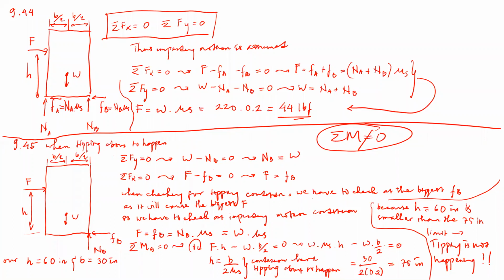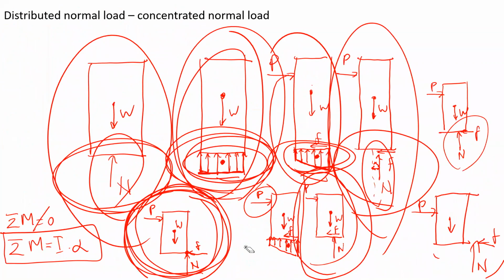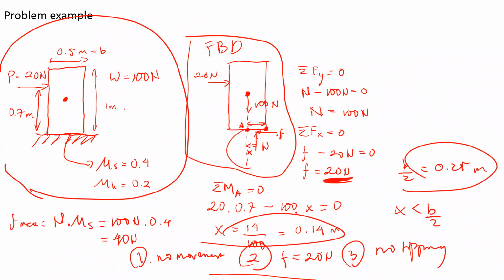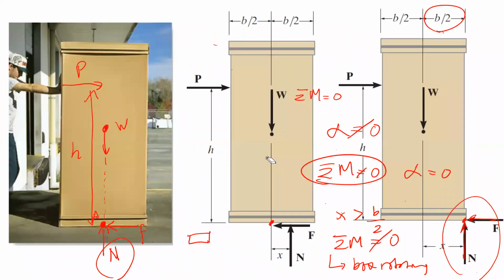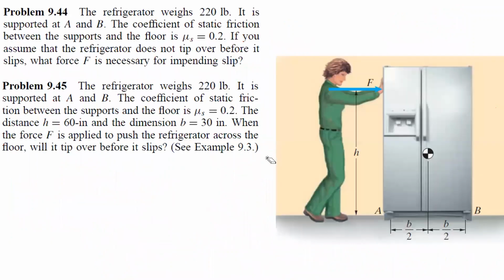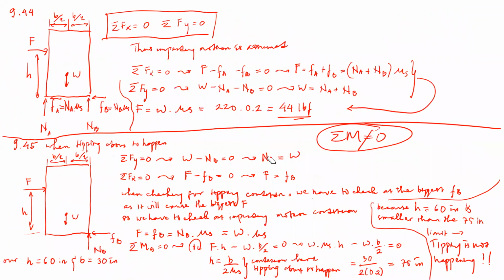In this particular problem, the limiting condition is H. But in the previous problem, the limiting condition is X. Both are the same. If it's not exceeding the limiting condition, either X or H, tipping is not happening. But if it's exceeding that, tipping is happening. Any question about that?